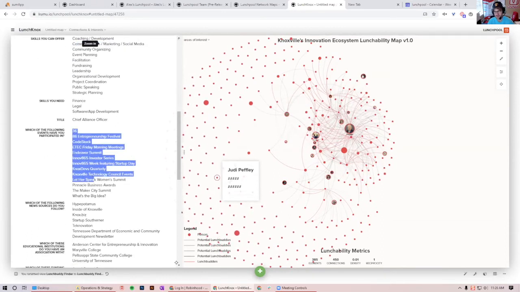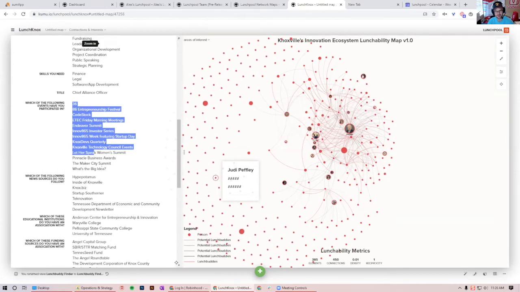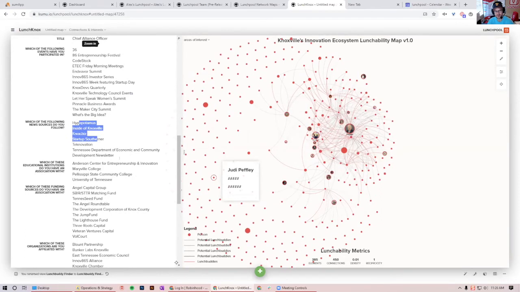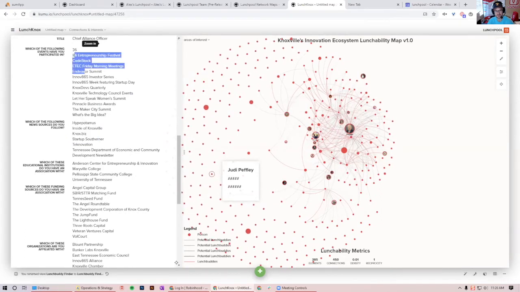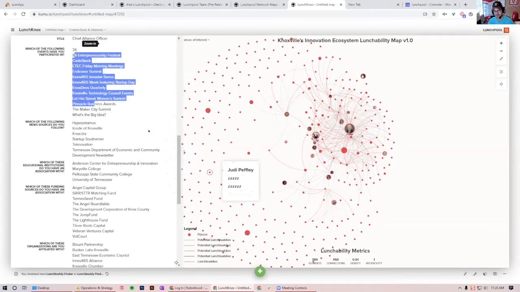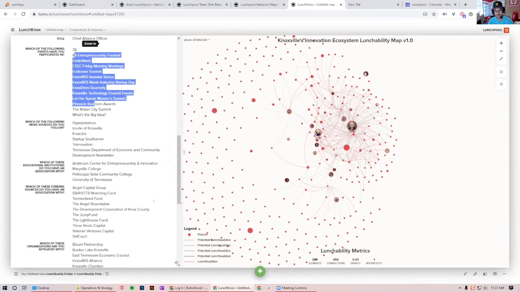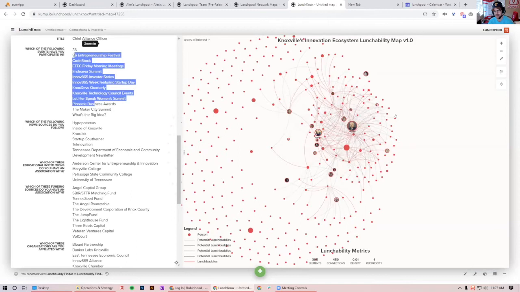And then, which events have you participated in? The big events in the area. Which news sources do you follow? The plan for the future is to incorporate a lot of this to help people find the resources that could benefit them in strengthening their role in the innovation ecosystem.